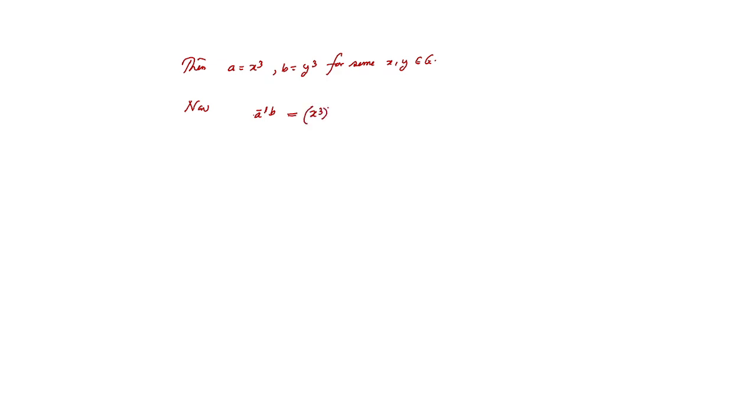This is (x cube) inverse times y cube, that we can write as (x inverse) whole cube times y cube. Why? Because (x cube) inverse we can write as (x inverse) whole cube, and that holds for all x belongs to G.